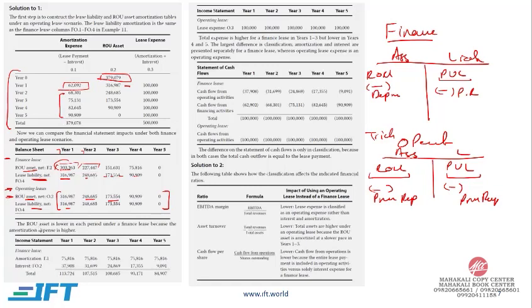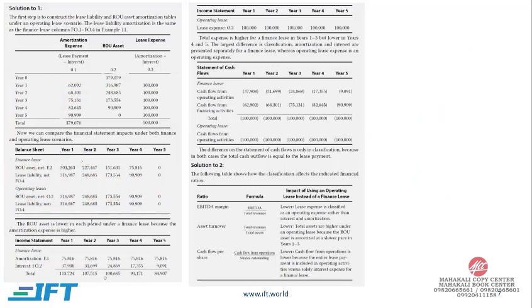Now this is again a very important point. The right of use is lower in each period under the finance lease. Why? Because over here we are deducting depreciation. Depreciation was 75,816, and over here we deduct the principal repayment each year. So we deduct 62,092 over here.